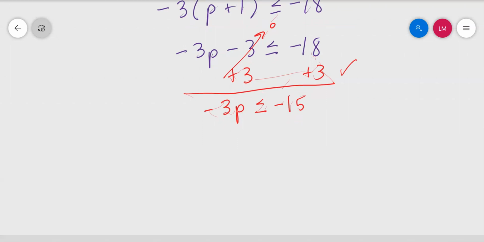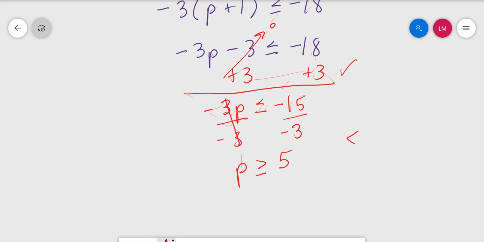So now we're going to divide by -3, divide by -3. P, now here's the part, because we divided by a -3, we have to flip the inequality, +5. So here's the answer. P is greater than, and I'll just do the set builder real quick. P such that P is greater than or equal to 5.